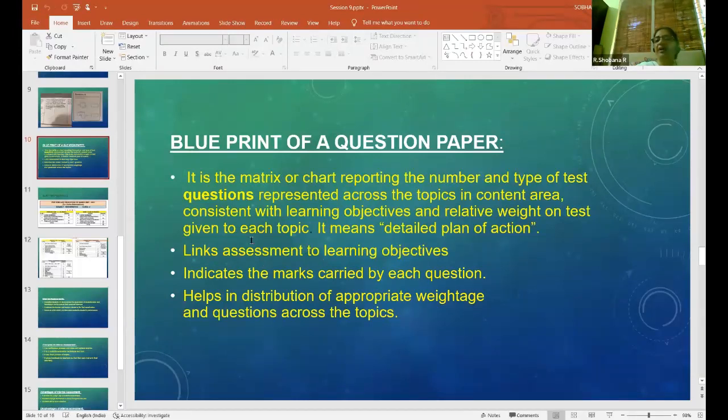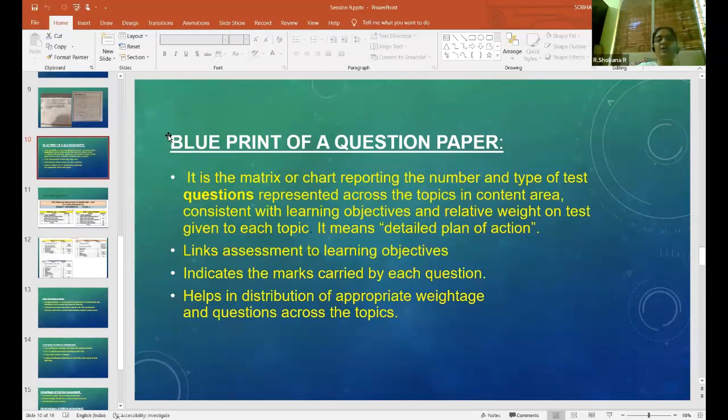For example, if we have taught them to draw a circle, then that objective has to be tested. It indicates the marks carried by each question, and helps in distribution of appropriate weightage and questions across the topics.